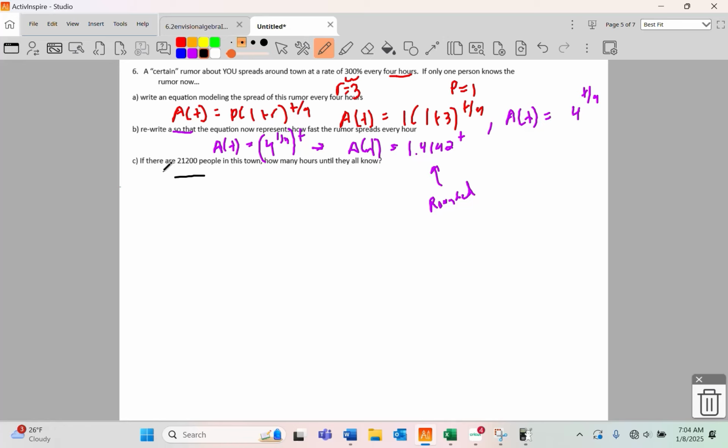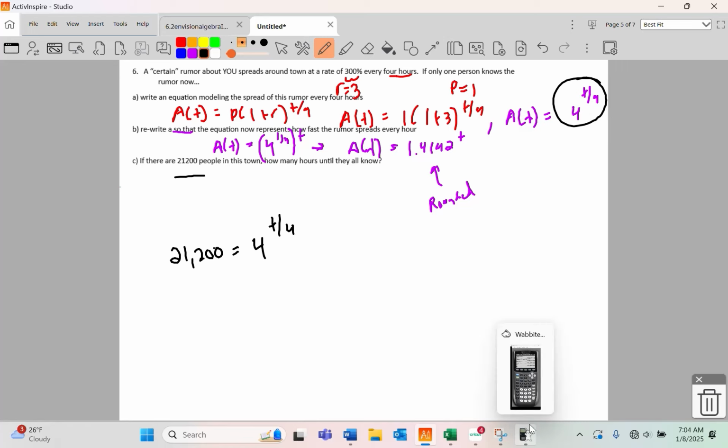If there are 21,200 people in this town, how many hours until they all know? So we're going to set our population of our town equal to this. This is when your life is over, by the way.